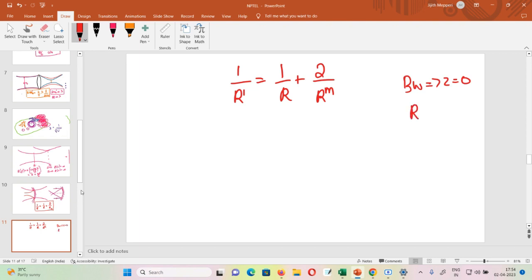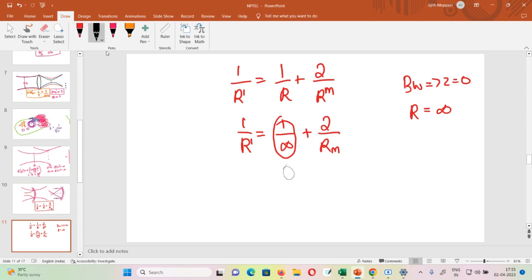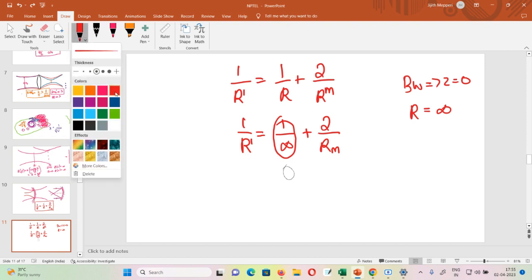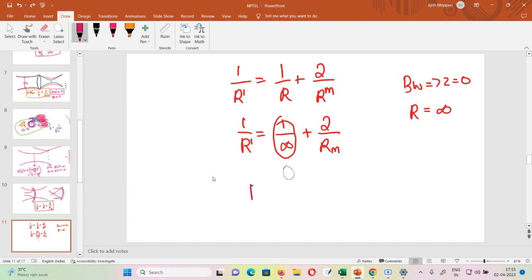So 1 by r prime is equal to 1 by infinity plus 2 by rm. 1 by infinity is simply 0. So 1 by r prime is equal to 2 by rm, or you can say that r prime will be equal to rm by 2.